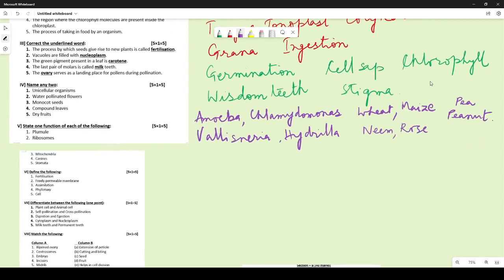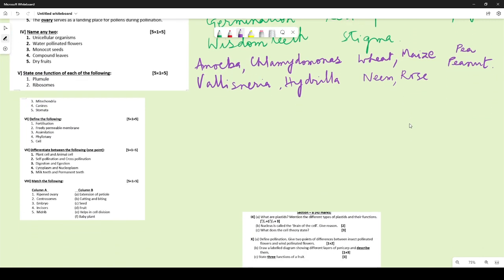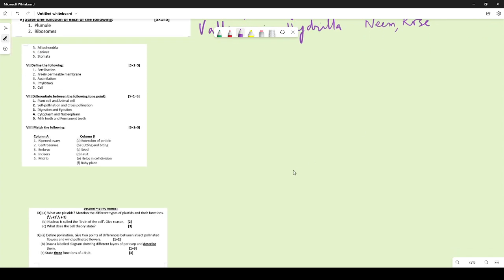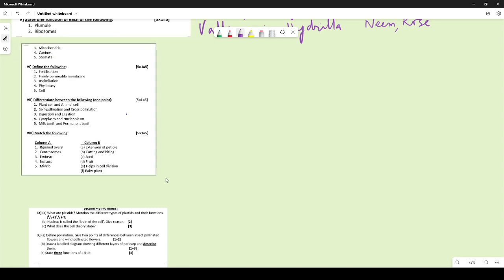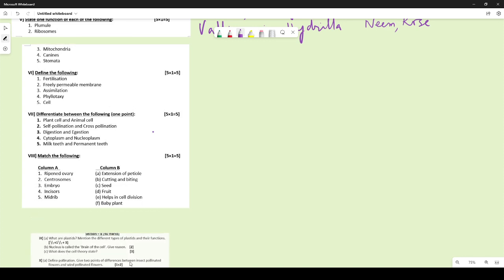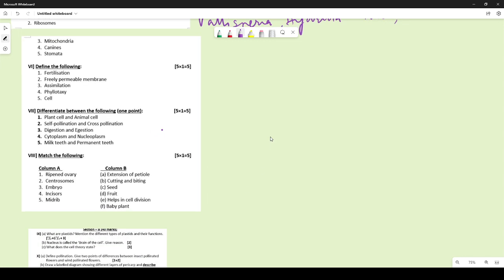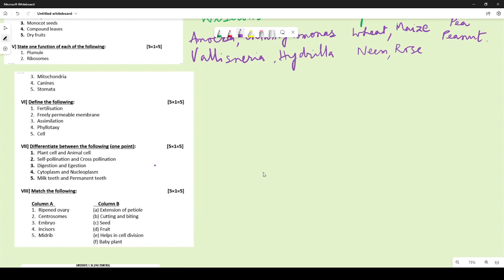Now let us shift a little bit so that we can check out the questions here as well. Let me just increase the size of this a bit so that you can see the questions easily. Right. So what we have next over here, state one function of plumule.